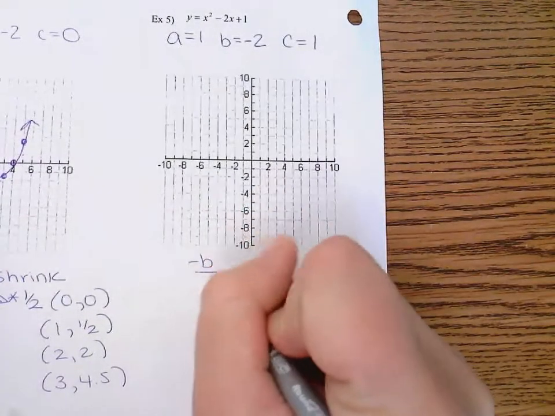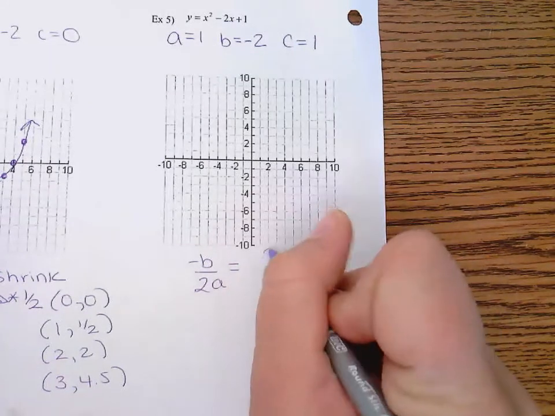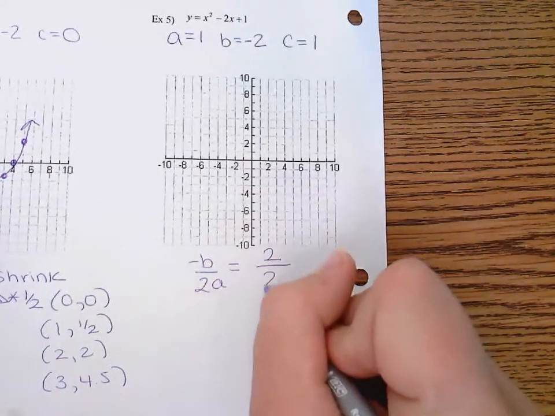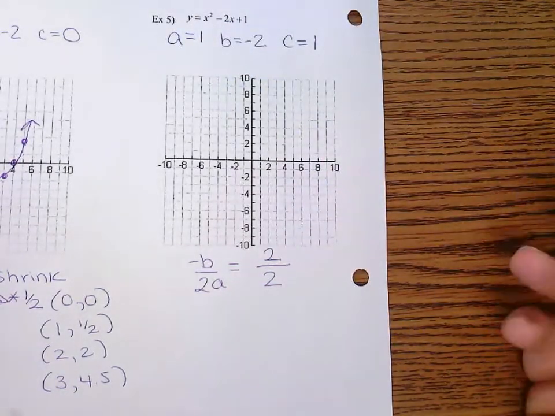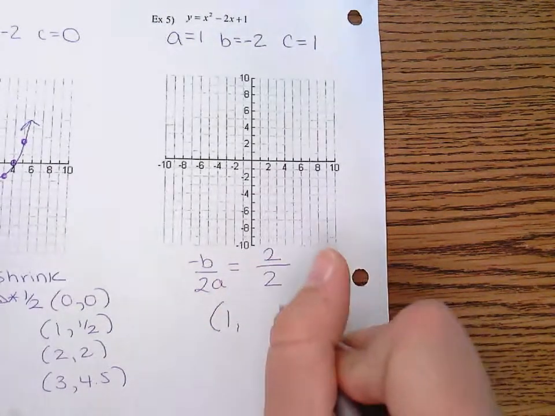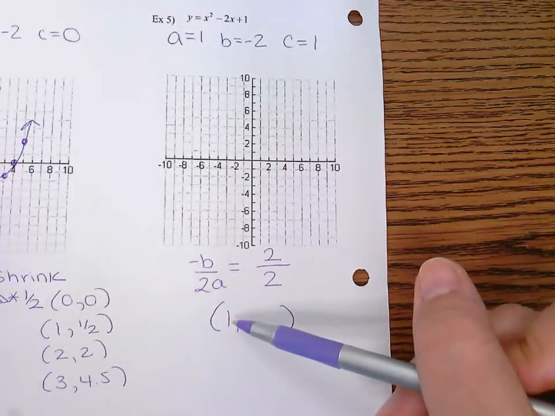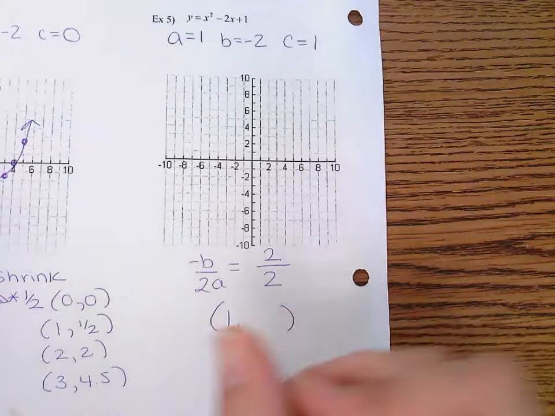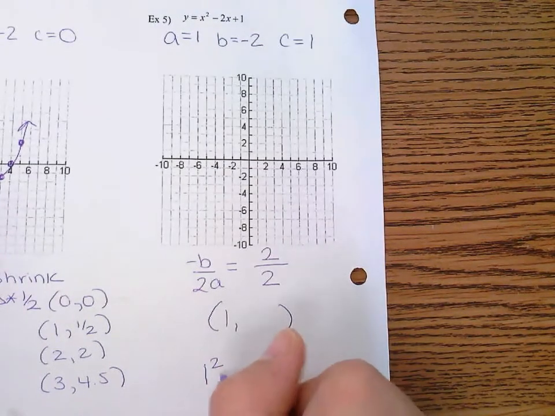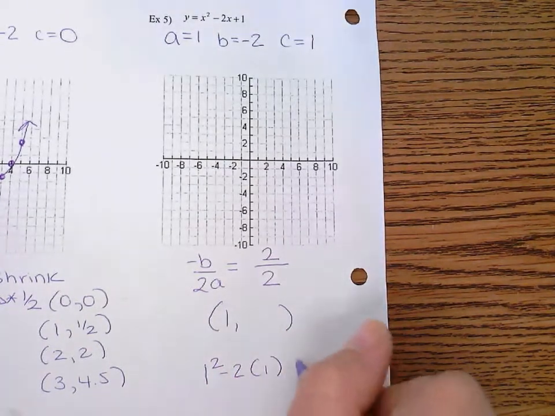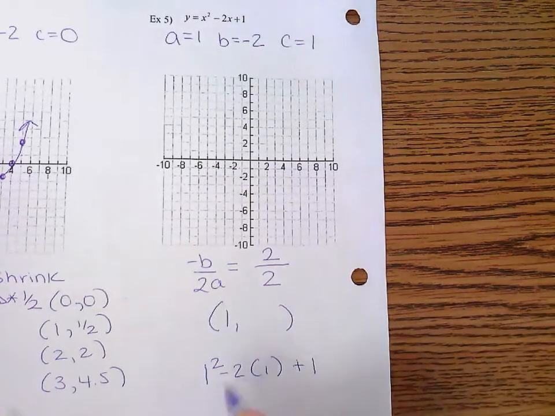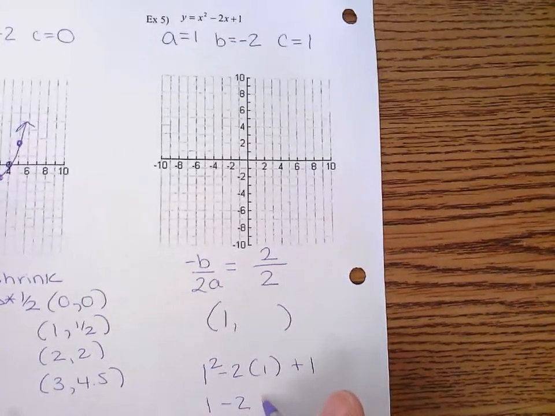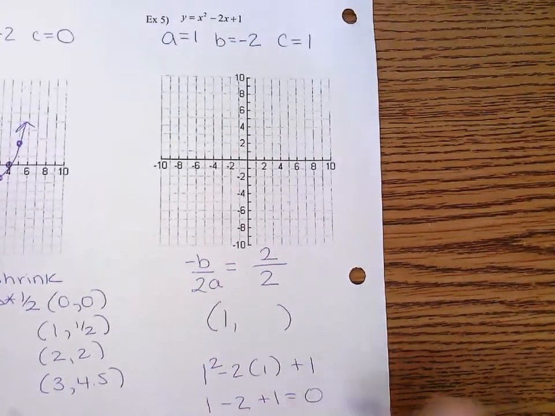So negative b over 2a is going to be positive 2 over 2 times 1 is positive 1. So 1 is the x value of the vertex, and I'm going to plug it into that function. So 1 squared minus 2 times 1 plus 1. 1 minus 2 plus 1 is 0.